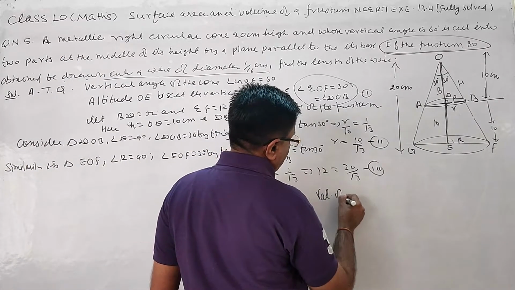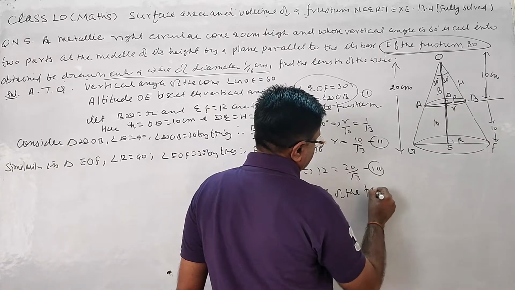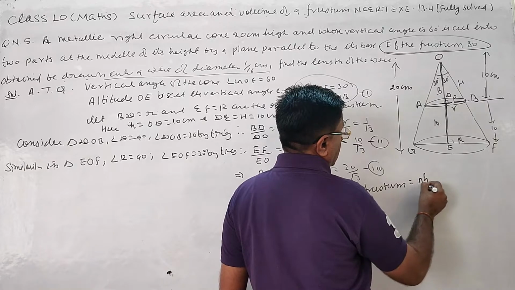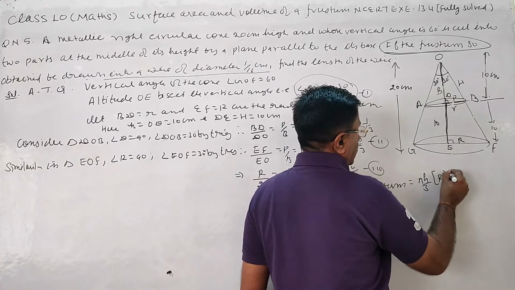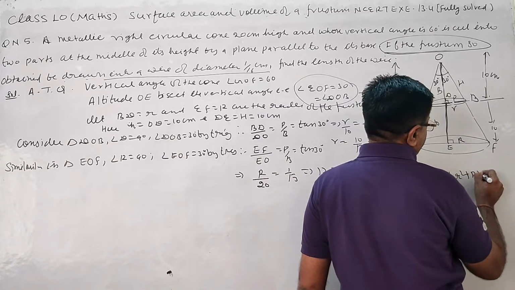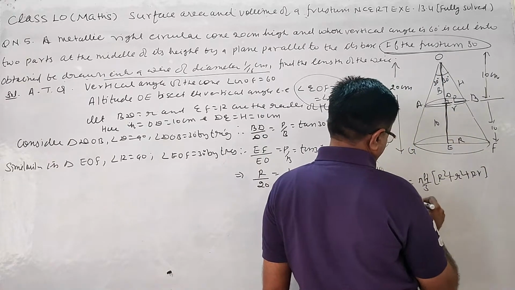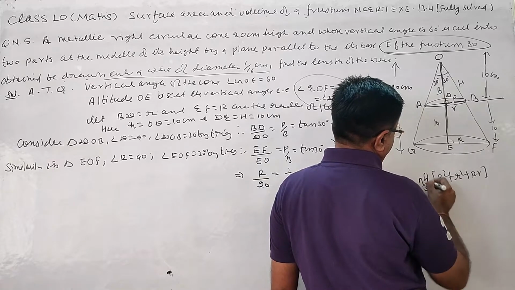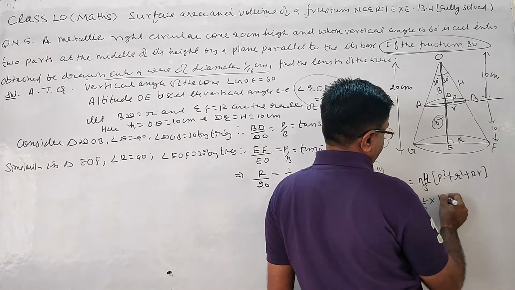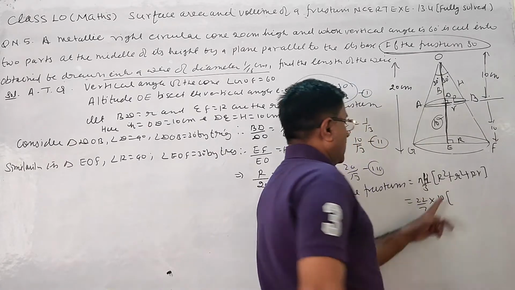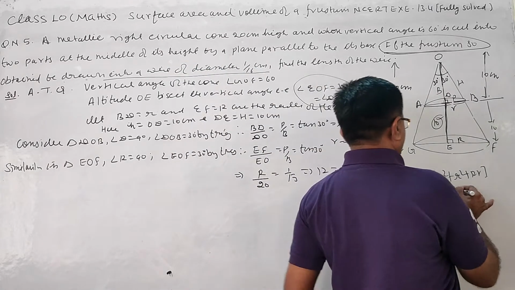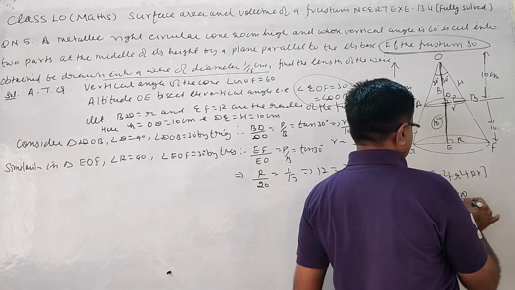So the volume of the frustum is pi h by 3 into (R square plus r square plus R into r). Pi means 22 by 7, h, the height of the frustum, is 10. Capital R square is 20 by root 3 squared, that is 400 by 3.